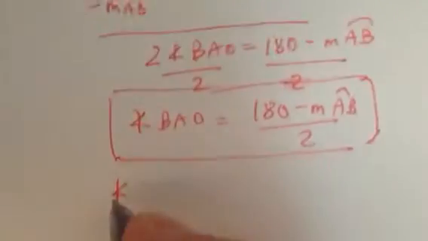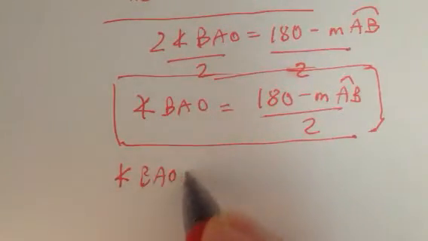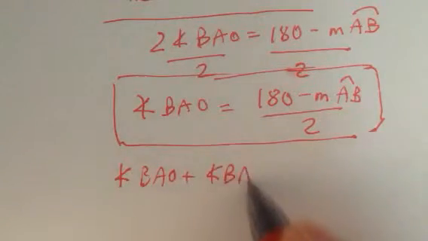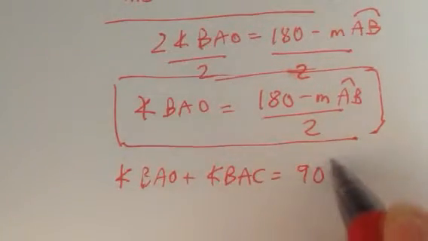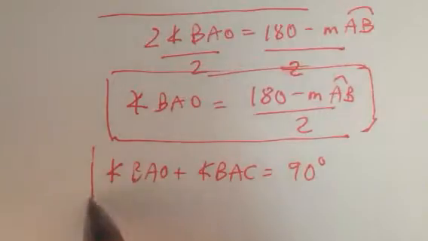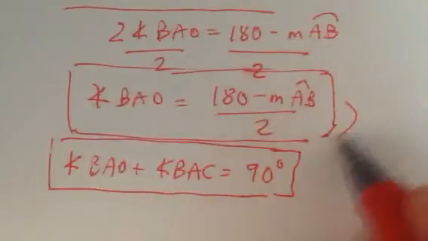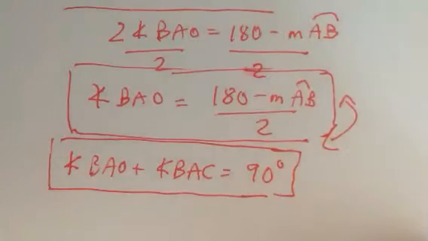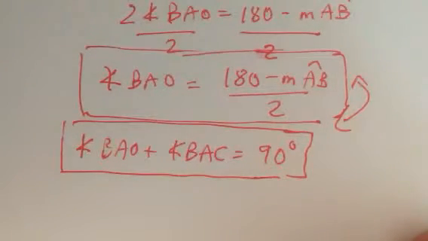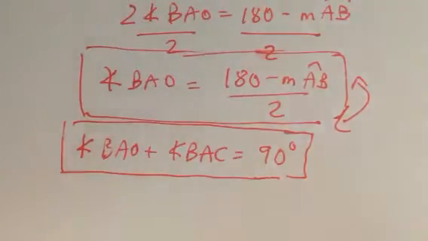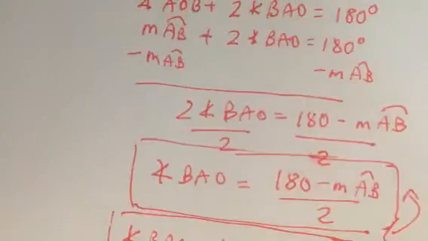So we have angle BAO plus angle BAC is equal to 90 degrees. We can now use both of these equations together to solve for angle BAC.